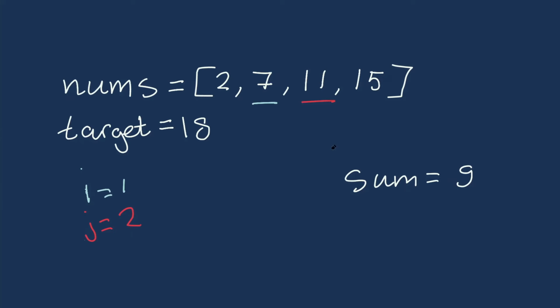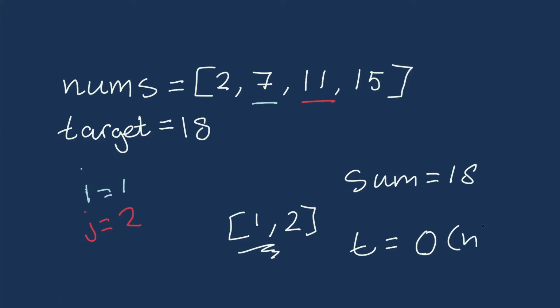So now we have 7 and 11, and we add these numbers together, which is 18, and at this point we have reached our target, so we can return the indices, which are 1 and 2, and this is our answer. It turns out that this algorithm runs in big O of n squared time complexity, because we have two for loops, and a constant space complexity.